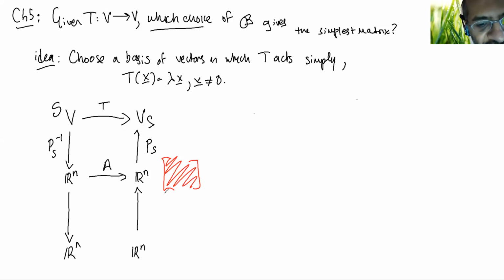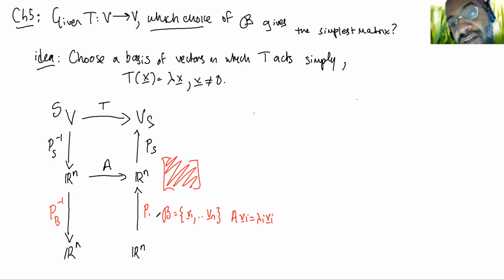So the key is, the point of chapter 5 is you find some special basis B consisting of eigenvectors, and now you do another change of basis, change of coordinates really, from S coordinates to B coordinates.